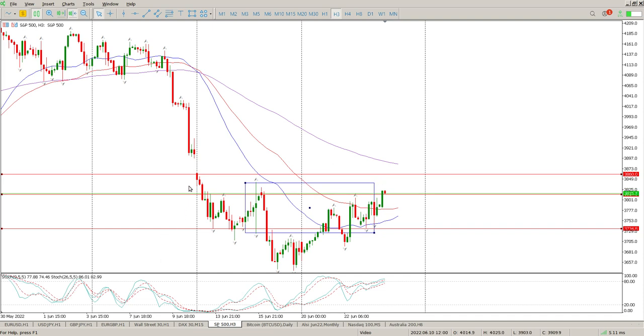And we then have a pretty big inverse head and shoulders. There's your left shoulder, here's your head, and here's your right shoulder. The neckline could be right where we are now or at the top of the range. I would take it at the top of this range bar. So you have a very interesting situation, because you've got the bulls who are driving price up because they know that there are stops above here.